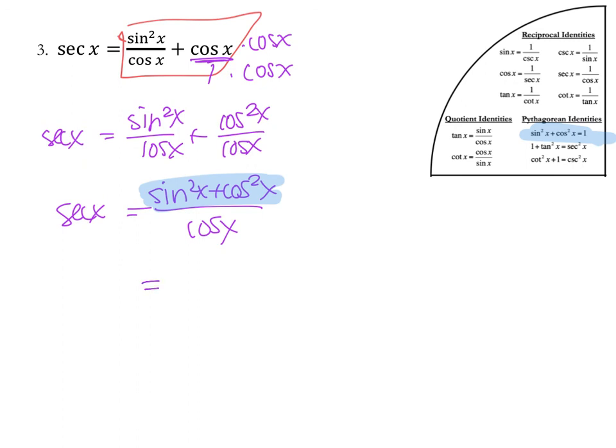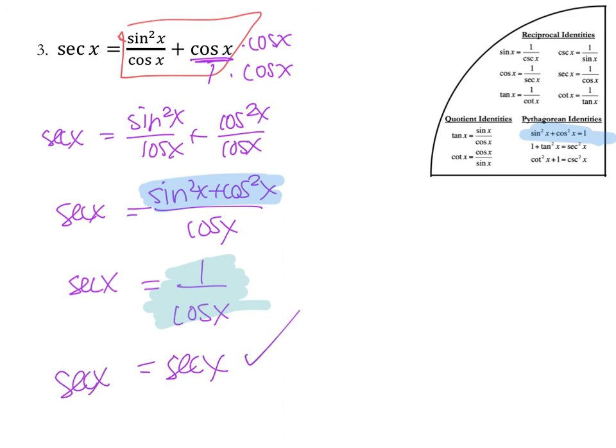So hopefully you're starting to see this, that you were able to work some of this out on your own, because it should be pretty straightforward. 1 over cosine is really just secant. So that can swap out to be secant equal to secant. Check.